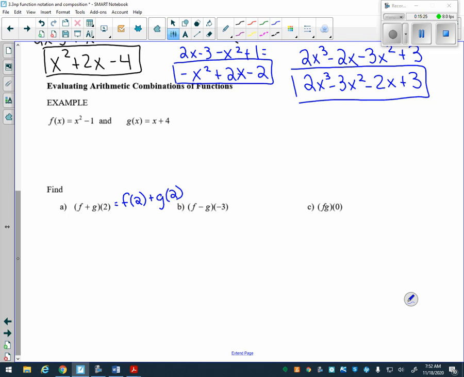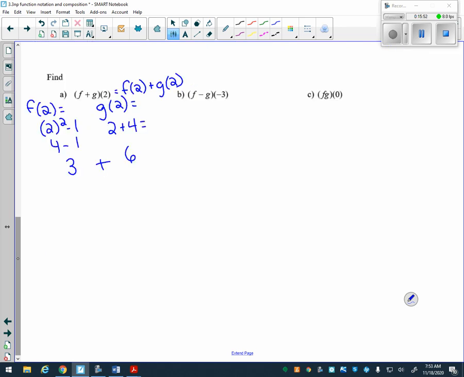So when I do f of 2, I end up getting 2 squared minus 1, so it's 4 minus 1, which is 3, okay? Then I do g of 2, which is 2 plus 4, which is 6. Then I add these two together, which ends up being 9.